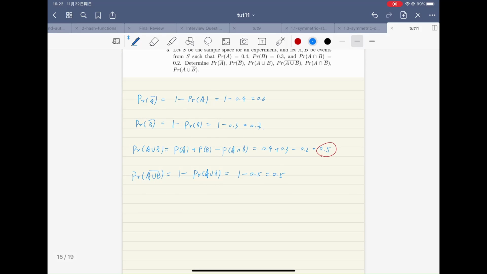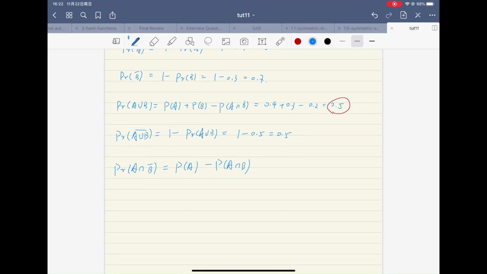And fourth, we have the probability of A intersect the complement of B. So the probability of A intersect complement of B is just the probability of A minus the probability of A intersect B, right?